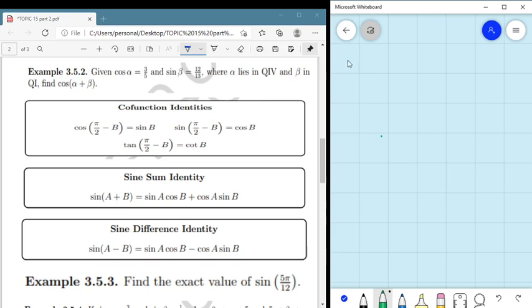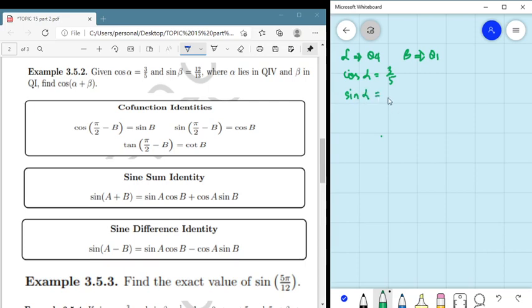Alpha lies in quadrant 4 and beta lies in quadrant 1. For cosine alpha, we are given that it is 3 over 5. So in this case, we are to find sine alpha.